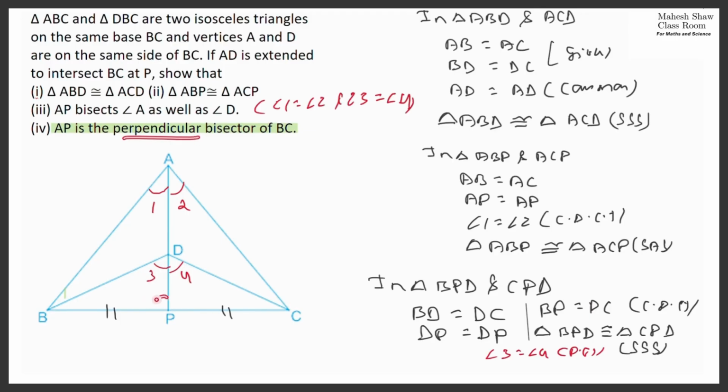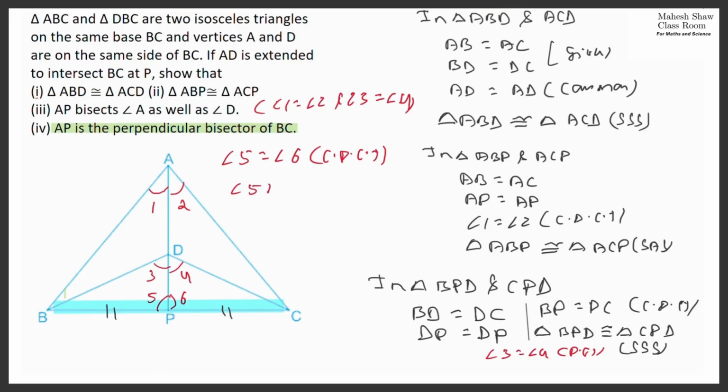That means we need to prove one of these angles as 90 degrees. So what we are going to do here is, let's say, write this angle as 5 and this as 6. So we can write angle 5 is equal to angle 6, and that is from CPCT, as these are corresponding angles of congruent triangles. Further, you can observe that this is a straight line, right? This being a straight line, the sum of all angles around a point is 180 degrees, that is from linear pair.